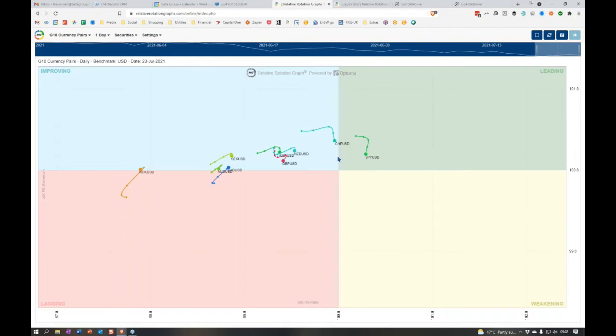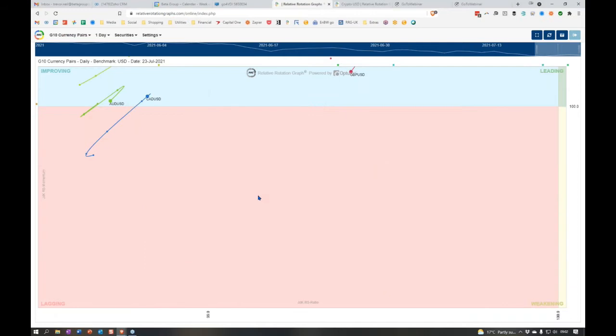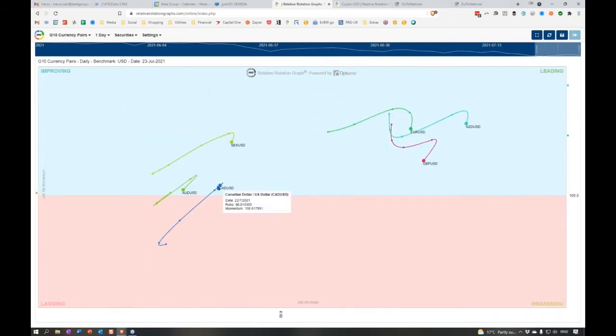And so we've got most of the currencies weaker than the dollar, but with some positive momentum. The tails on here are samples from Friday, and then this dot is Thursday, Wednesday, Tuesday, Monday. So it's the last week. So we can see, for example, let's zoom in here on the Canadian dollar.